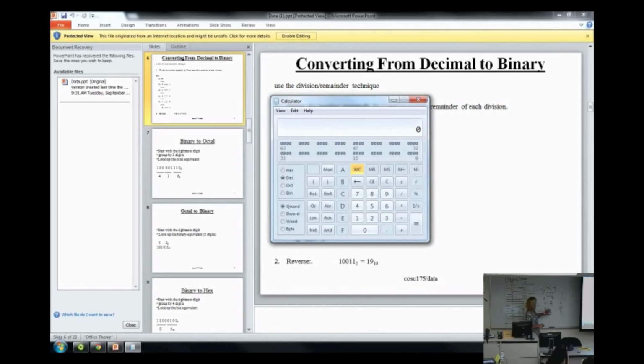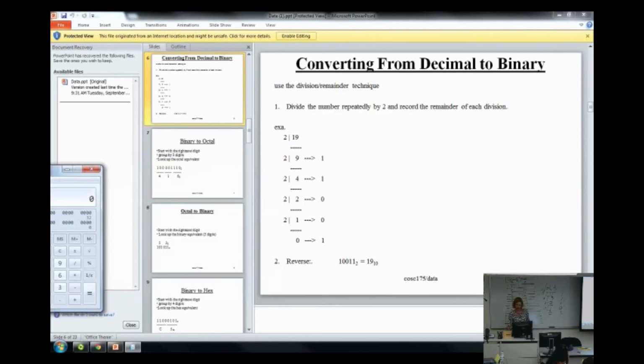Where? 2 goes into 2 once, remainder 0. 2 goes into 19 9 times, remainder 1. Oh, did I write the wrong answer on the board? It's a different problem.